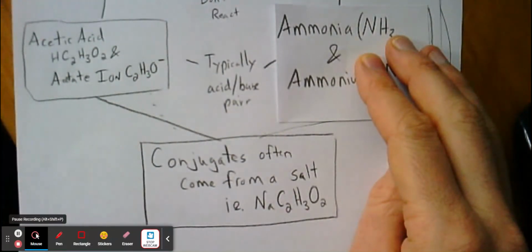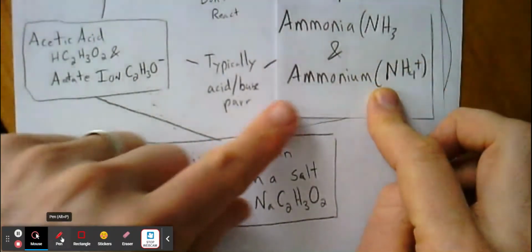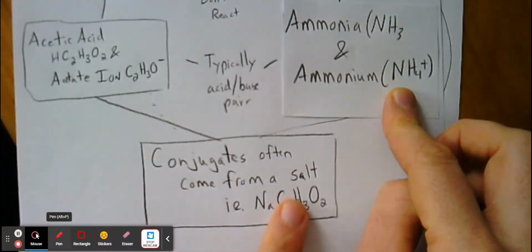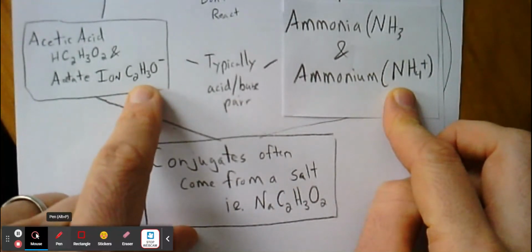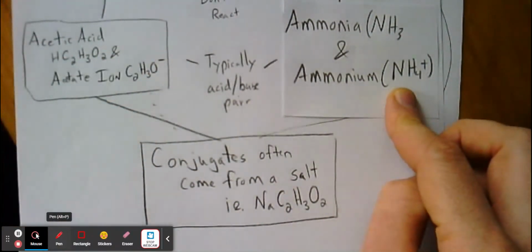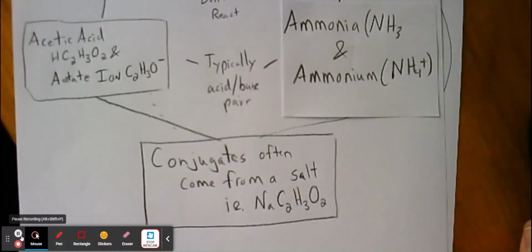It's typically going to be part of a compound, and the same thing with this ammonium ion. They're called salts. You could have lithium acetate, potassium acetate, manganese acetate. All those things together with its conjugate acid will be a buffer.